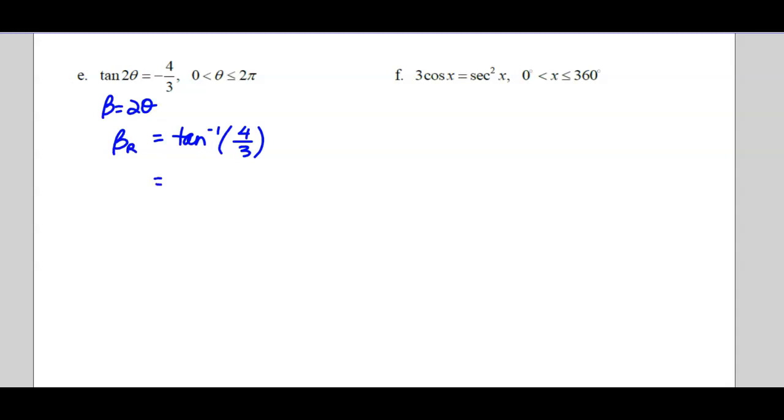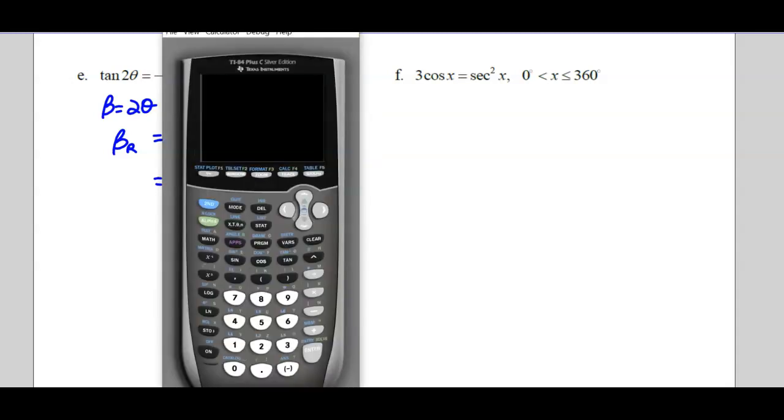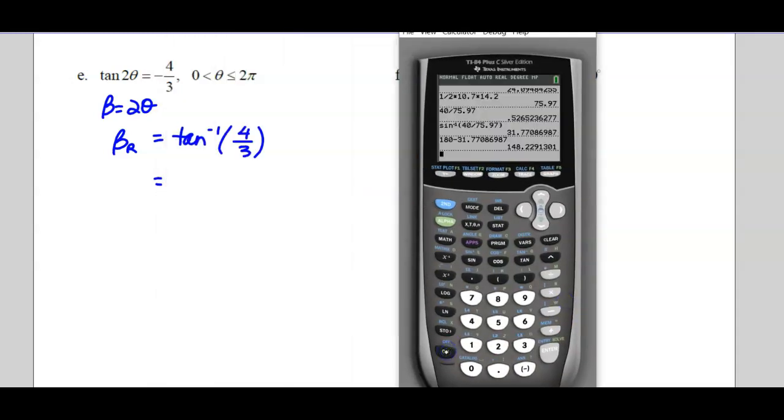You can, but it's not going to give me the first positive. So this is in radians, no pi radian.